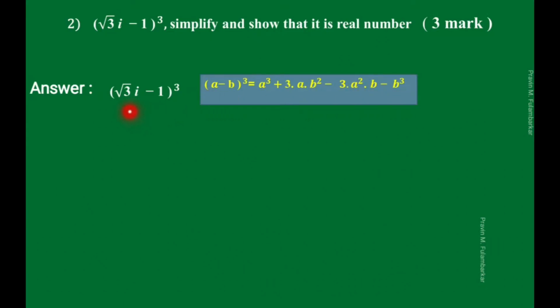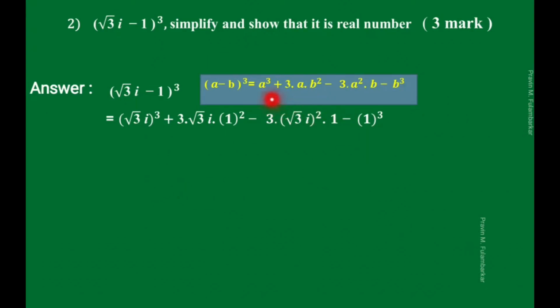So here in place of a the value is root 3 i, in place of b the value is 1. So apply this formula for simplifying this. So we first write in the form of a cube plus 3ab square minus 3a square b minus b cube.